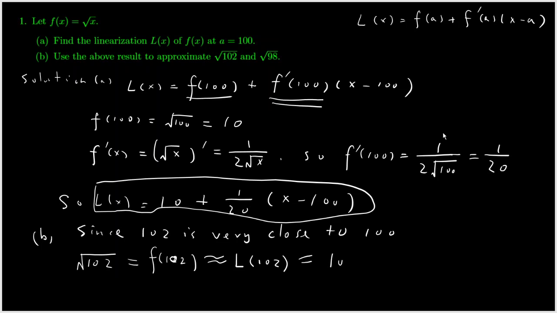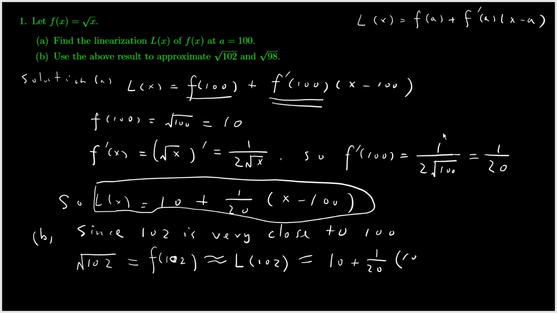So you have 10 and then plus 1 over 20, and then times, you're going to see this number can be computed without taking the square root, only using the 4 functions: addition, subtraction, multiplication, division.